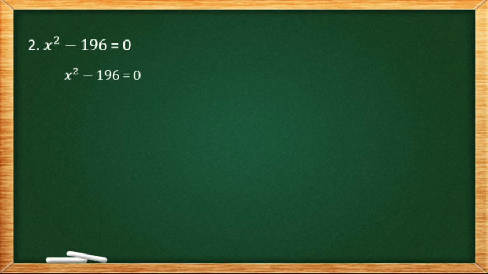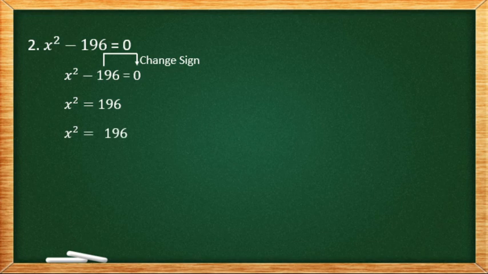Example number 2. Same as in example number 1 lang. X squared minus 196. So, copy the given equation. Transpose negative 196, then change sign, so magiging x squared is equal to 196. Anong next step? Square root both sides.